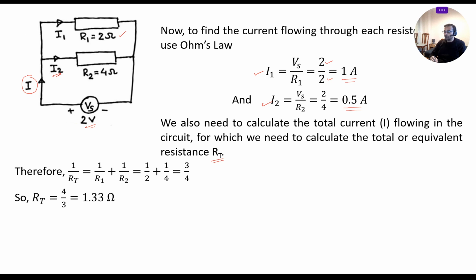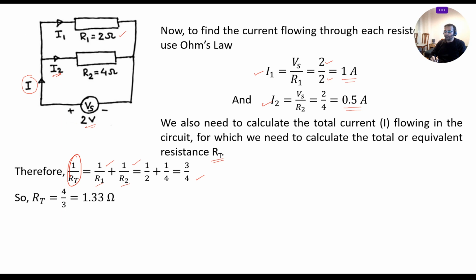So 1 over RT will be equal to 1 over R1 plus 1 over R2. Right? So just substitute the value of R1 and R2. So we'll get 1 divided by 2 plus 1 divided by 4, which will be 3 divided by 4. Now, very important here, this value 3 divided by 4 is 1 over RT.